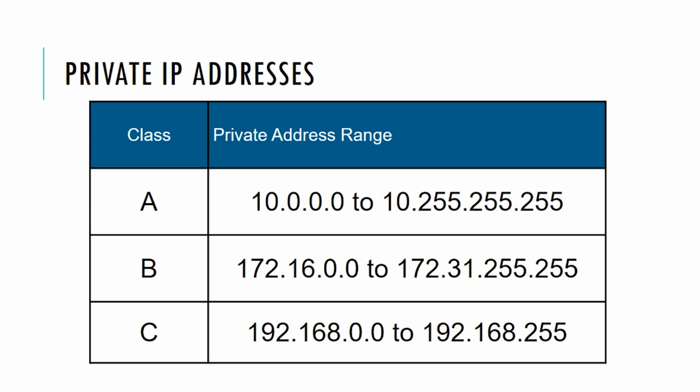In class B, it's every IP address having from 172.16 till 172.31. In class C, it's any IP address starting with 192.168. Any IP address starting with 192.168.